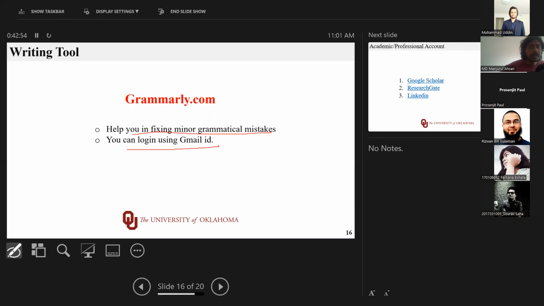But if this is not urgent, I would suggest using the normal version, which you can access through the Gmail ID. I'm telling you to use the non-premium version because if you write your manuscript and really want to publish with us, and we have the access, when your manuscript is in good shape, then we'll take care of your grammatical problems and those kinds of issues.